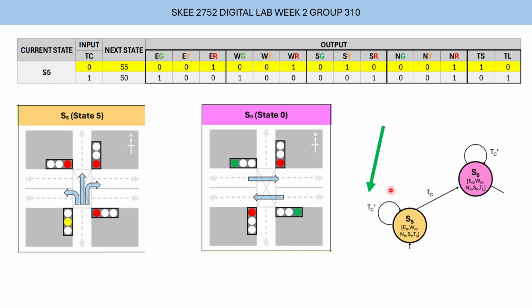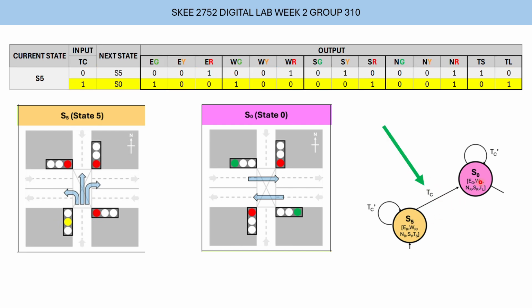So if state 5 receives a signal from the timer module TC, we go to state 0, in which east and west will be green, north and south will be red, so the long timer will be activated.